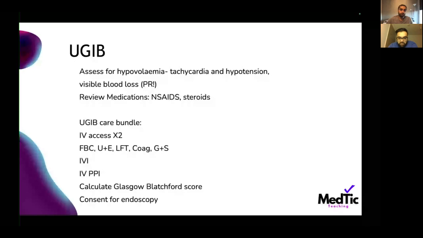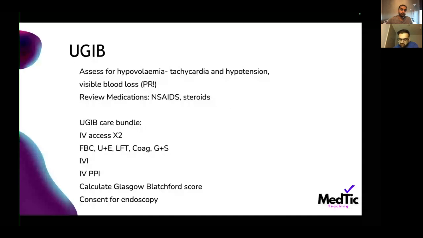If you've got someone who presents with upper GI bleeding, most trusts have care bundles or pathways to follow, but especially for OSCE scenarios, you want to assess for hypovolemia, so a tachycardic, hypotensive patient.